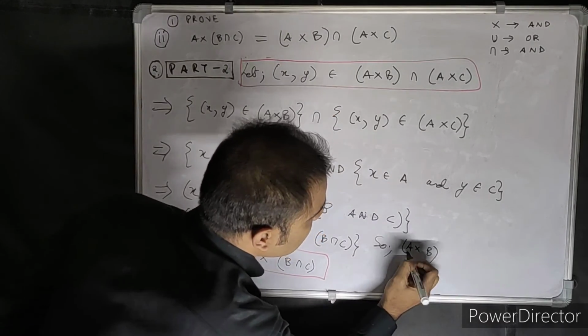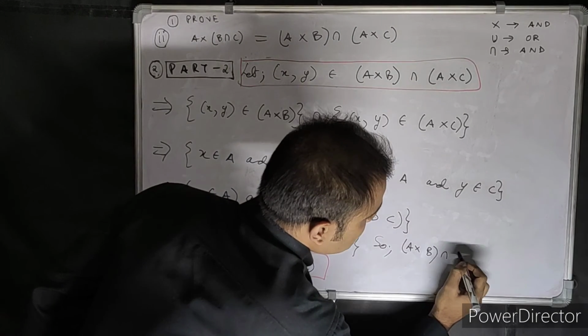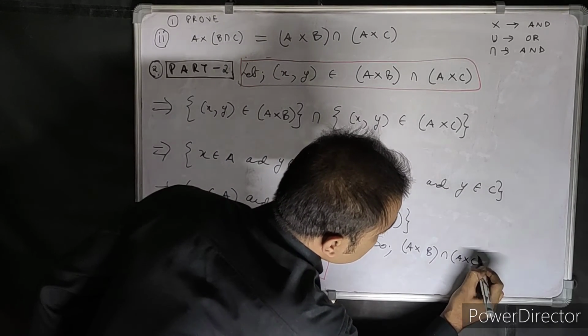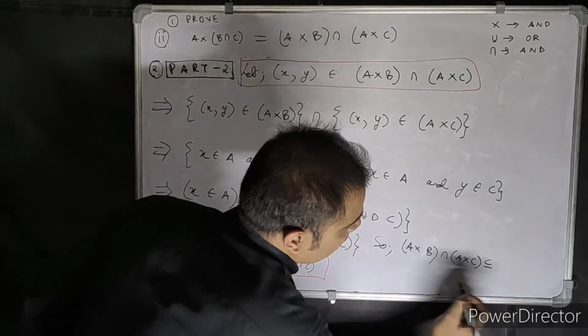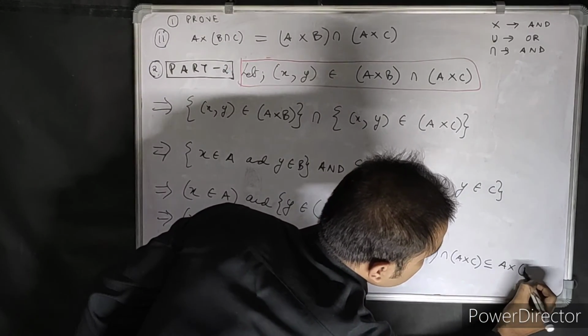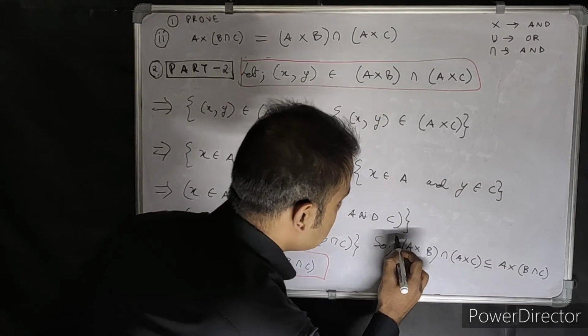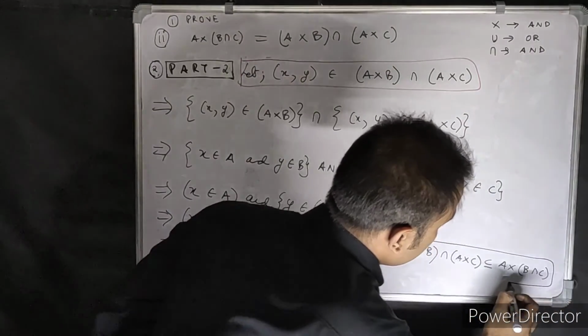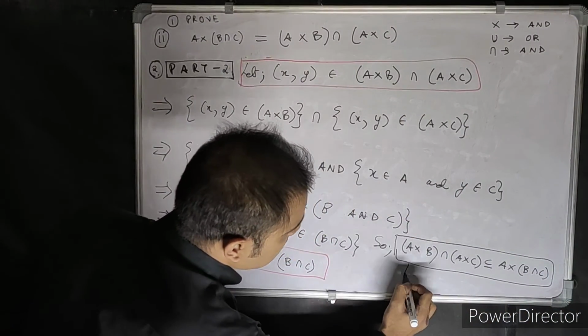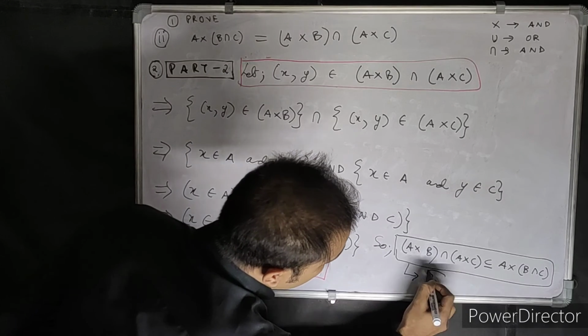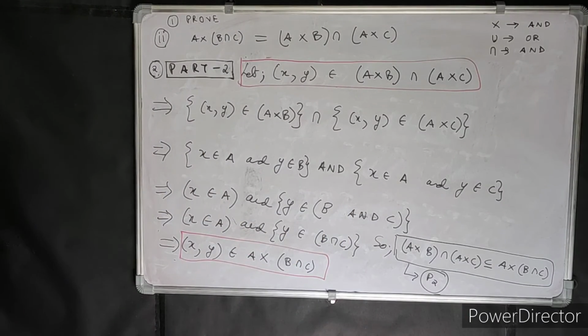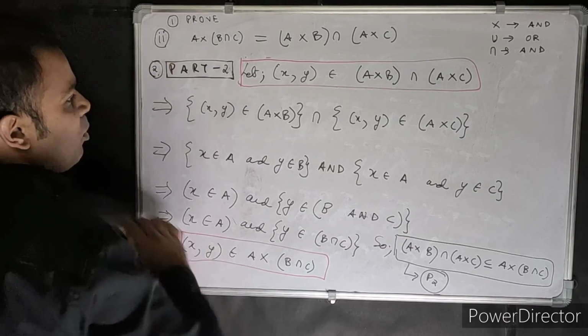Don't want to make a mistake. (A cross B) intersection (A cross C) is a subset of A cross (B intersection C). So this is your basic part 2. Write it as P2. Now the last step. Finally you've got your answer. You have proved it.